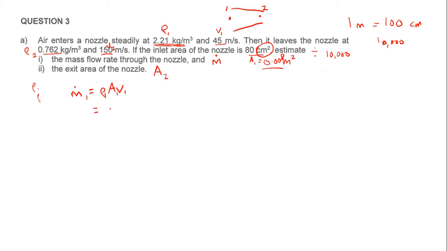So the rho is 2.21 times A1, which is 0.008, times the V1, which is 45 meter per second.